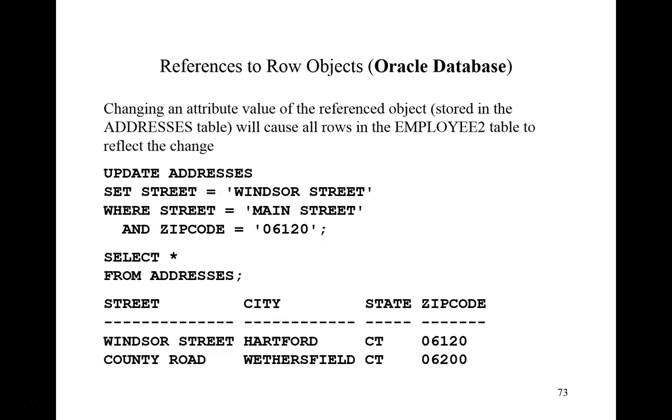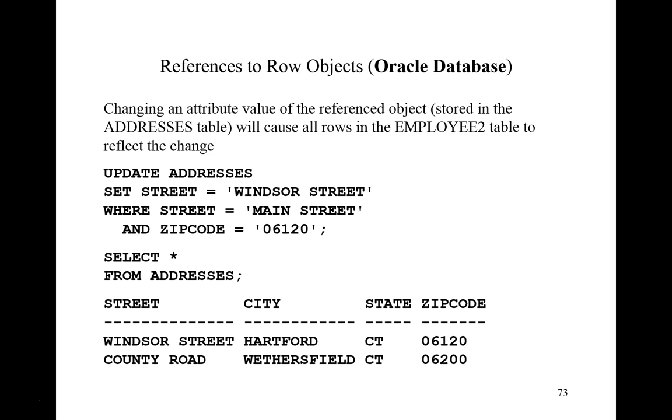We also can perform data manipulation operations, so we can change an attribute of the referenced object stored in the addresses table. What this will do is any row within the employee2 table that makes a reference to the object in the addresses table that we've updated, we'll pick up that change when we create a path expression from the employee2 table home address to that object.